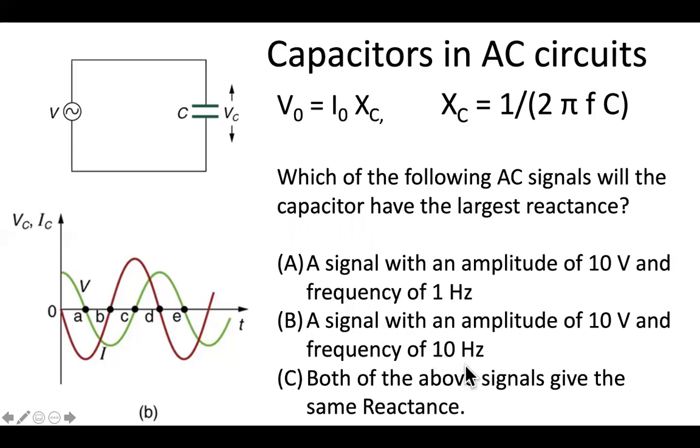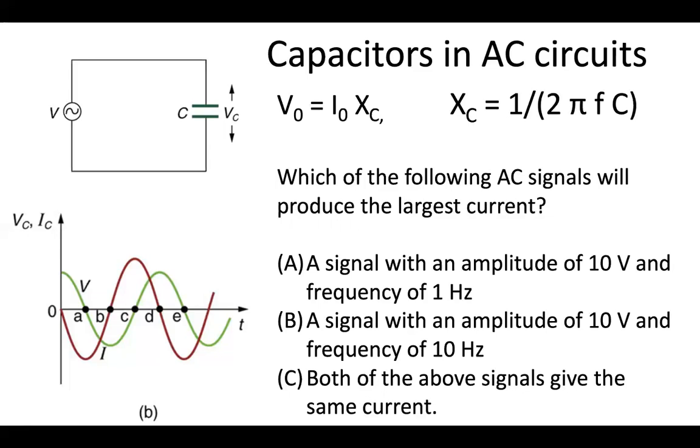Which gives the higher reactance? In this case, this one gives the higher reactance, case A. In case A, this thing acts more like an open circuit, so it has a higher reactance, just because this goes inversely proportional to the frequency.